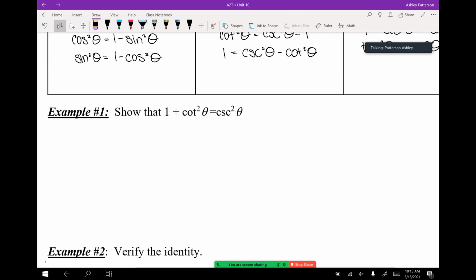Example number 1. Now, a couple things to remember. If you're asked to show or verify, you cannot manipulate both sides at the same time. Okay, that is super important, and we're going to forget that from time to time. So I'm going to say it one more time in the hopes that you write it down so you don't forget. When you're asked to show or verify, you cannot manipulate both sides of the equal sign at the same time.